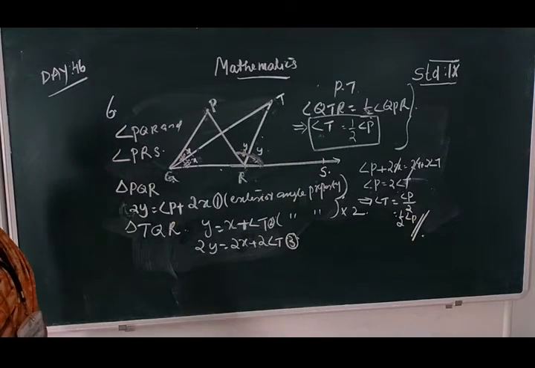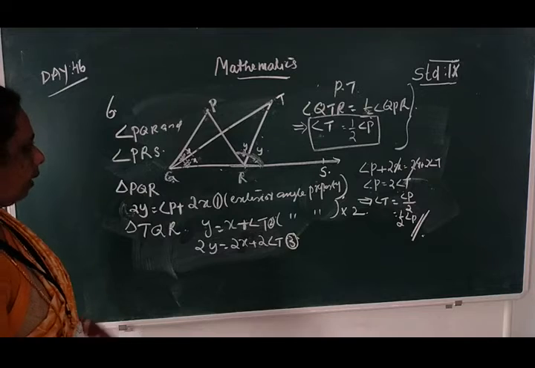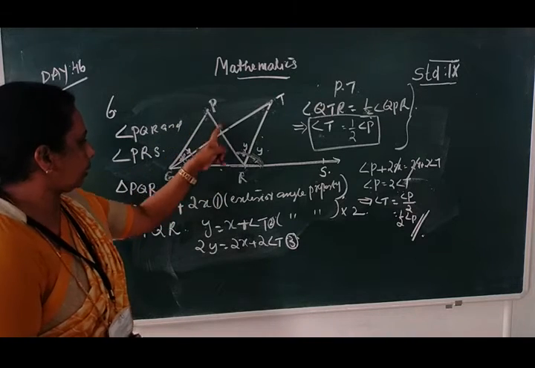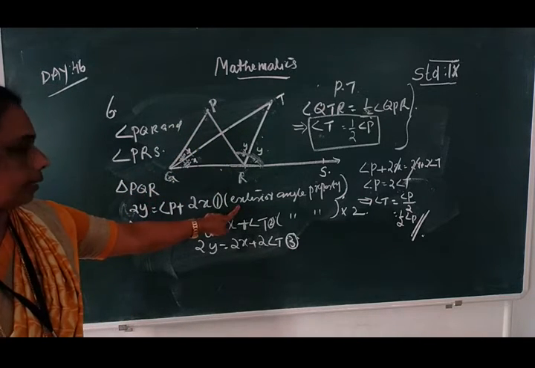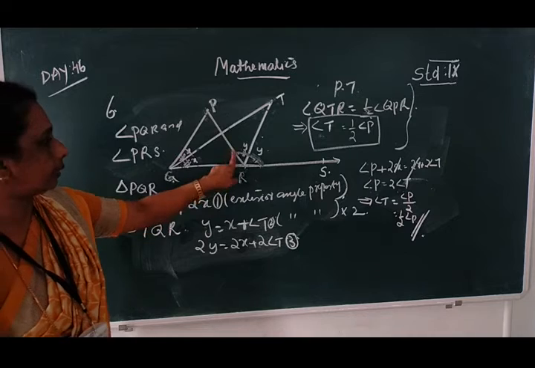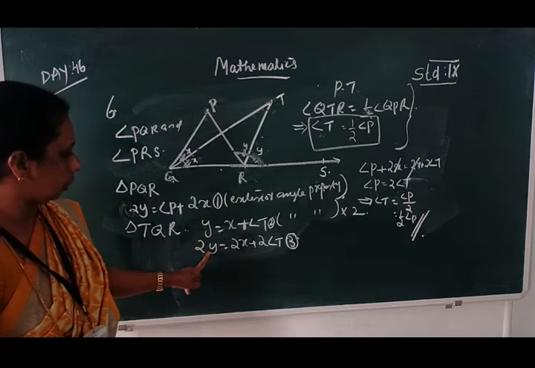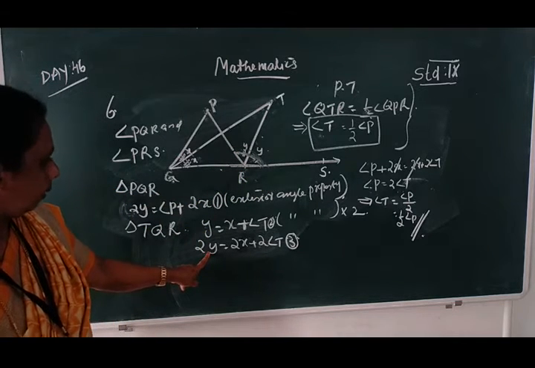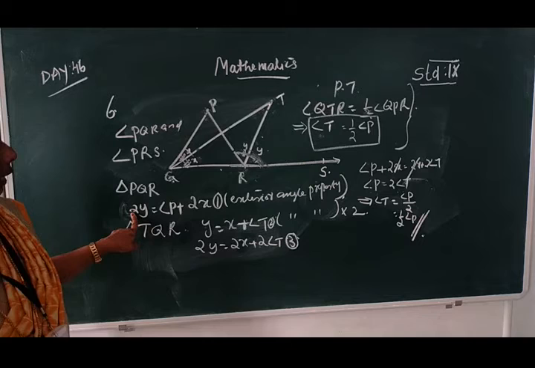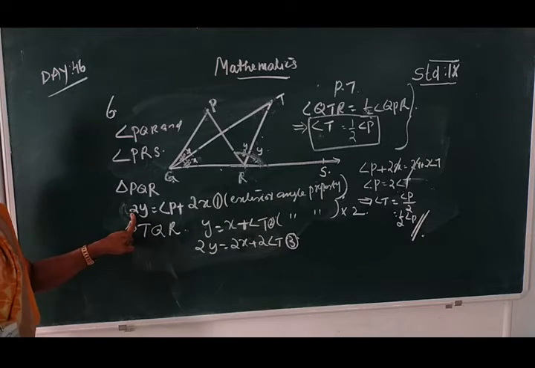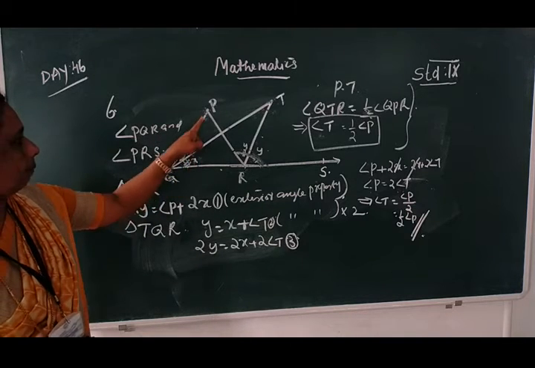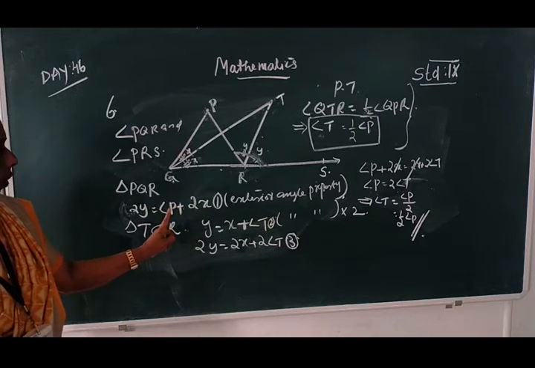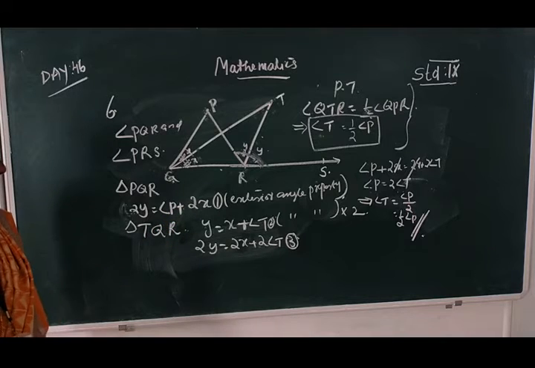One more time, I will explain. Consider the triangle PQR, applying the exterior angle theorem. Its exterior angle 2y is equal to the sum of its interior opposite angles, 2x plus angle P, or angle P plus 2x.